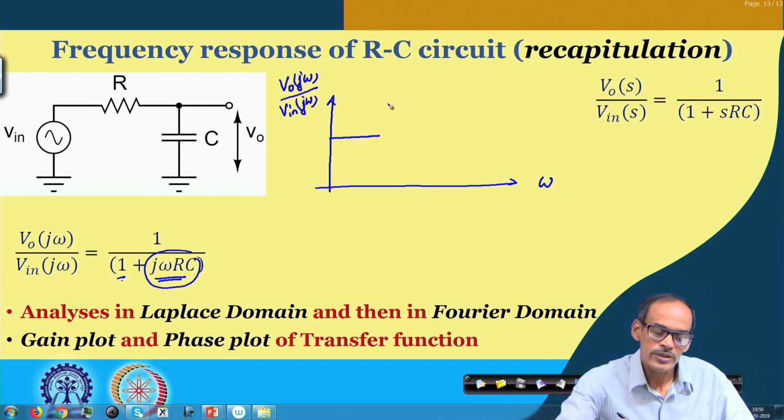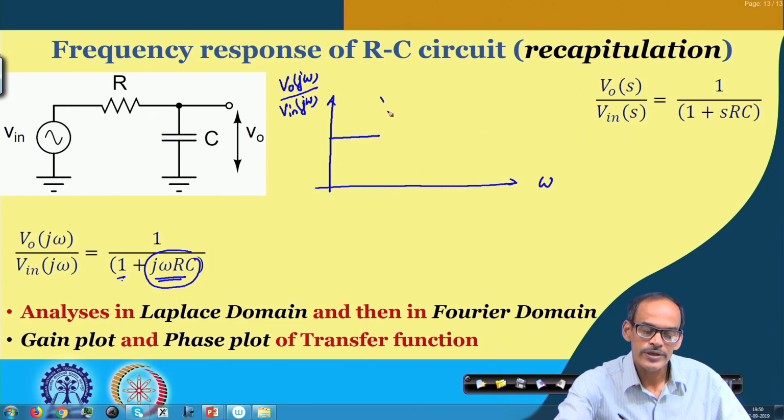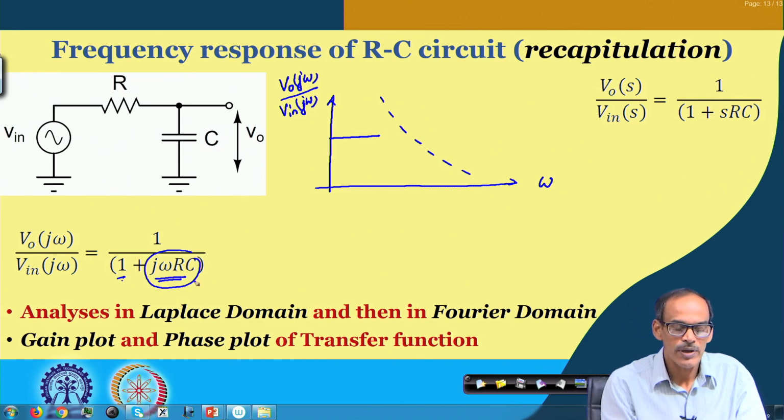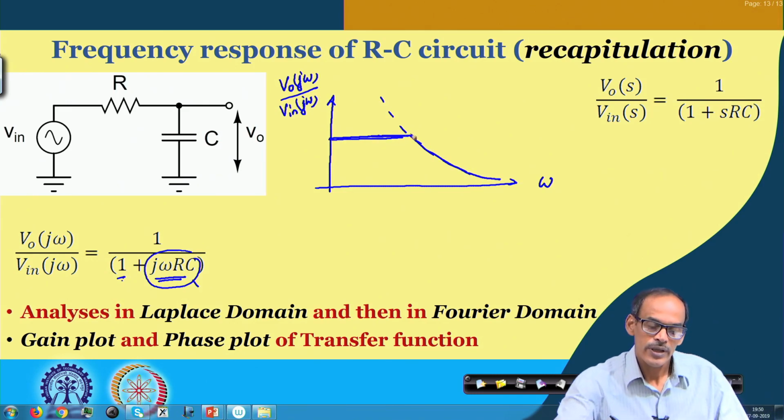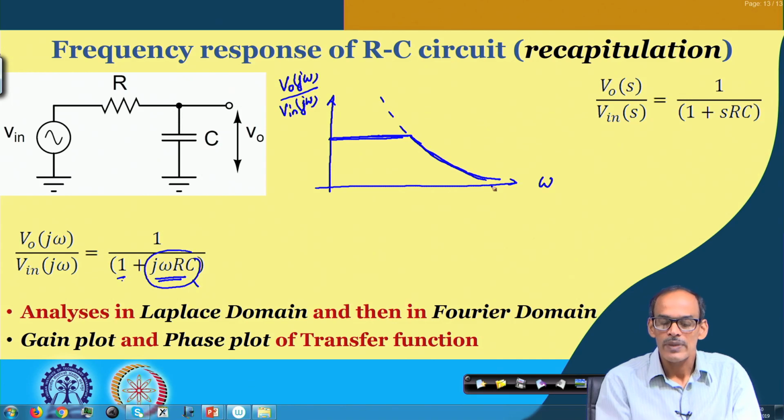So I should say it is more like a hyperbolic curve when this part is dominating. Beyond some frequency it goes through this hyperbolic nature. Initially it was approximated like this, and beyond this point it is approximated by this hyperbolic part.